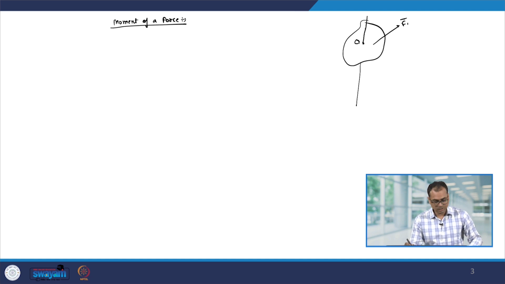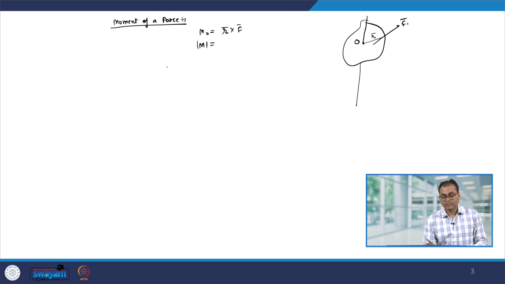Then from O you draw any position vector r on the line of action of F. The moment about O becomes r cross F. And the magnitude of M about O is also F d, where d is the perpendicular distance of this force from O.